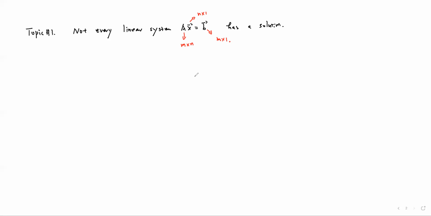An example, easy to generate. One example, say for example, take a look. For example, consider this linear system.